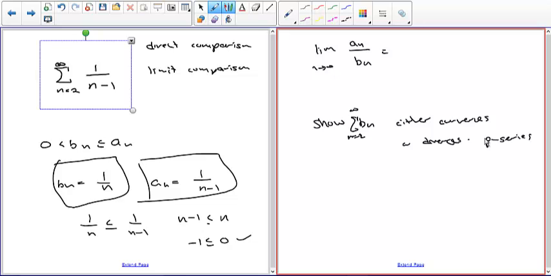So just sketch out the convergence of this b sub n series. Then you'll make some conclusion about that. And then you put it all together into a nice, reasonably good English statement that explains why or why not the original series diverges or converges.